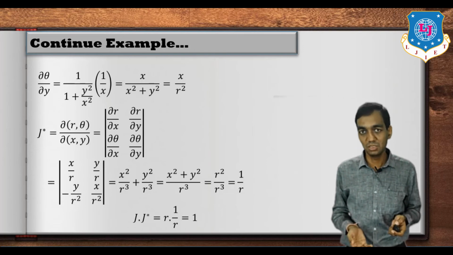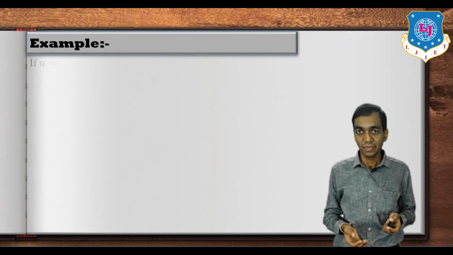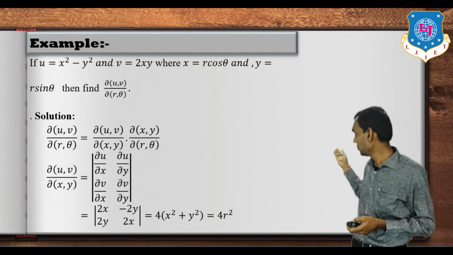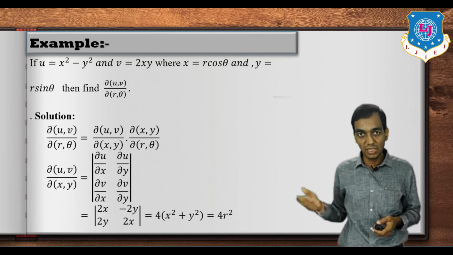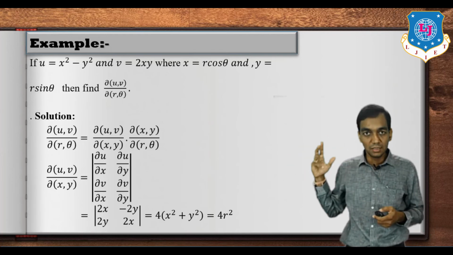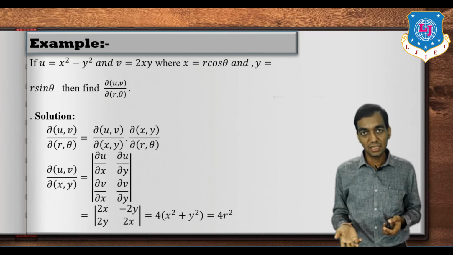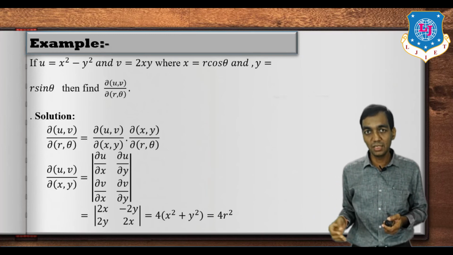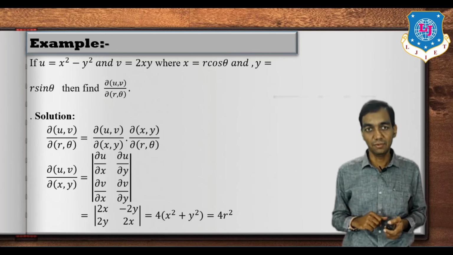Second property, J into J dash is equal to 1. Another example we are going to take is, if u is equal to x square minus y square and v is equal to 2xy, where x is equal to r cos θ, y is equal to r sin θ, then find ∂(u,v) with respect to ∂(r,θ).